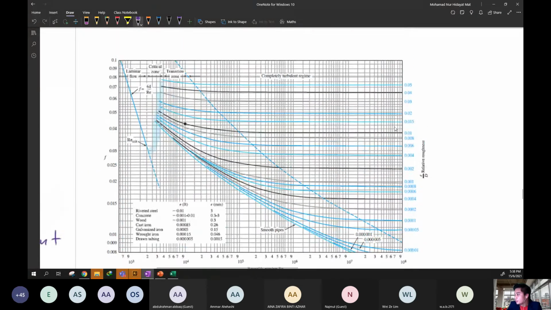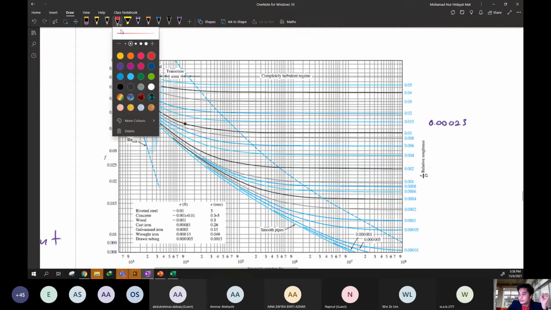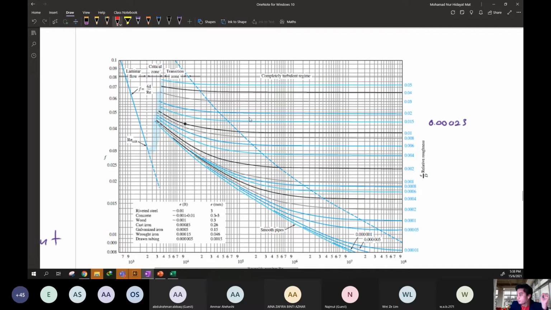Where is 0.00023? This is almost this one. This is 0.002, this is 0.0003, and this one is very close. Make the line smooth.